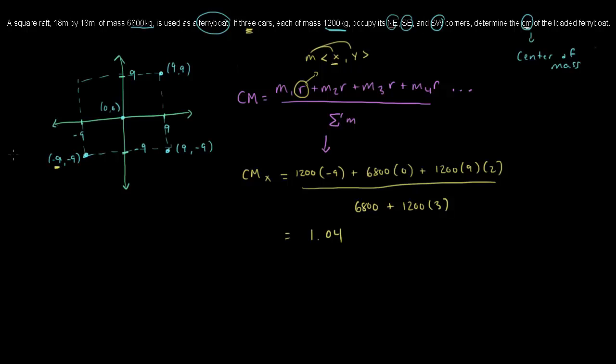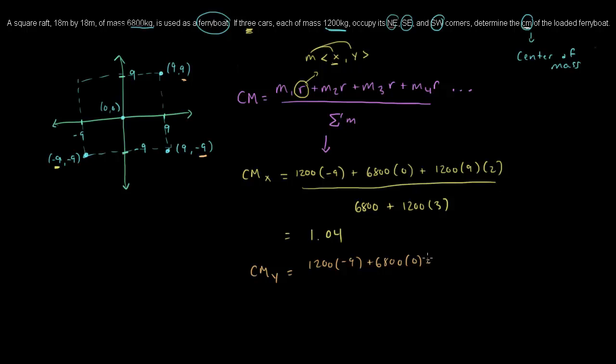And finally, the last thing you need to do is get your y coordinate. It's going to be the same thing. It's 1,200 left to right, so negative 9, plus 6,800 times 0. Now, this is the difference: because this has a negative 9 and that has a 9, I can't just write a 2.